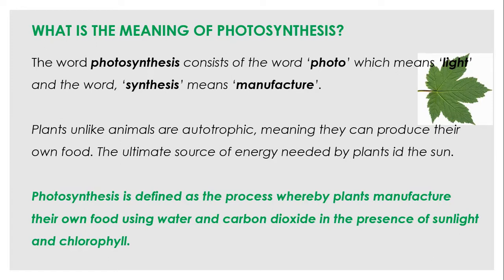Principal in the definition are the following keywords. First of all is the process, meaning that it has a beginning and it has an end. And the focus is on plants, not on animals.